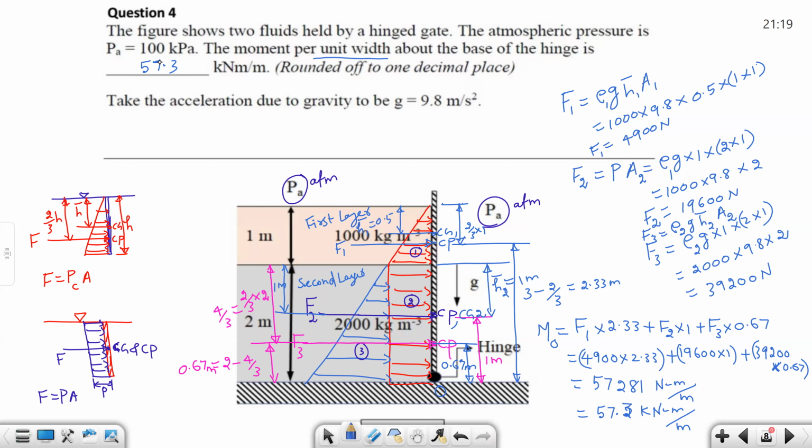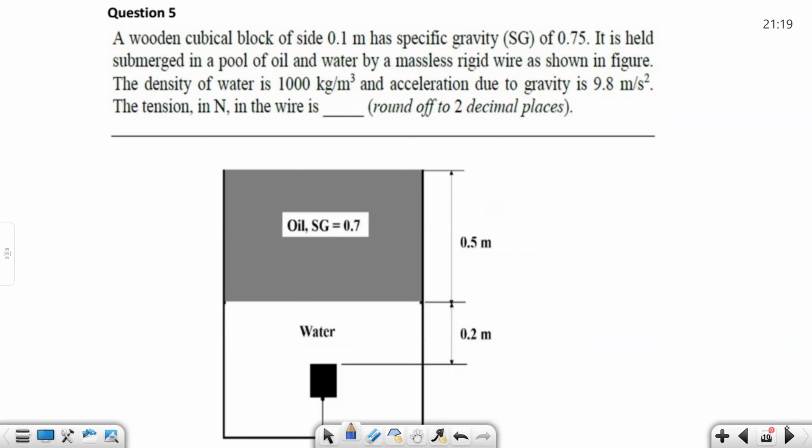So now we move to the next question. A wooden cubical block of side 0.1 meter. So you have a wooden cubical block of side 0.1 meter, 0.1 meter, 0.1 meter.